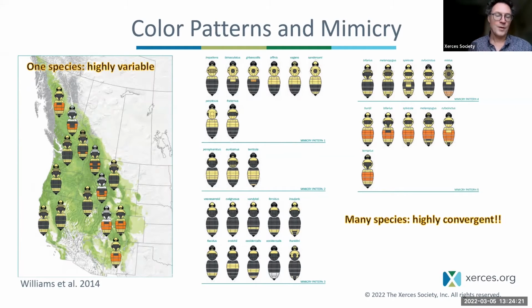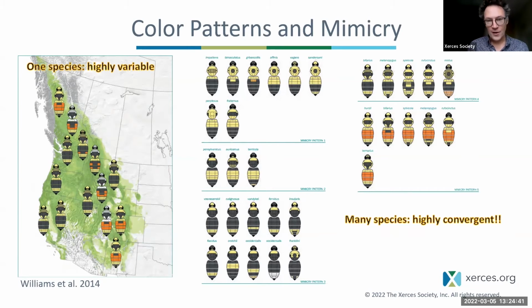And we think, and we don't know this for sure, that the selection event that drives that kind of evolution is predation. And so the more bees that look the same in any given area, the stronger the signal to predators that if you eat this thing, that it has a bright orange stripe, for example, you will get stung.